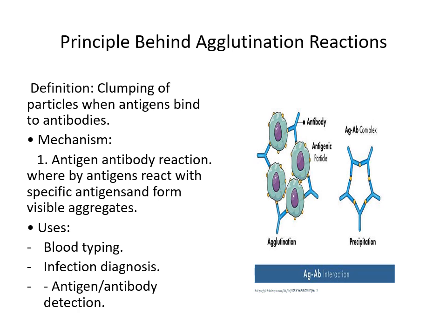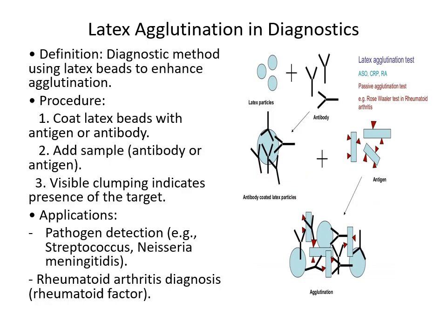So here there is a diagram that shows it well. This is the antibody and the antigenic material. They bind together to form visible aggregates, that is the antigen-antibody complex. So it's applied in blood typing, infection diagnosis, or detection of antibodies.